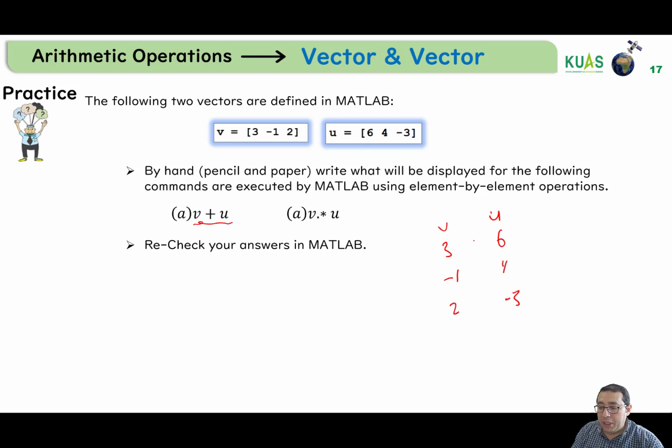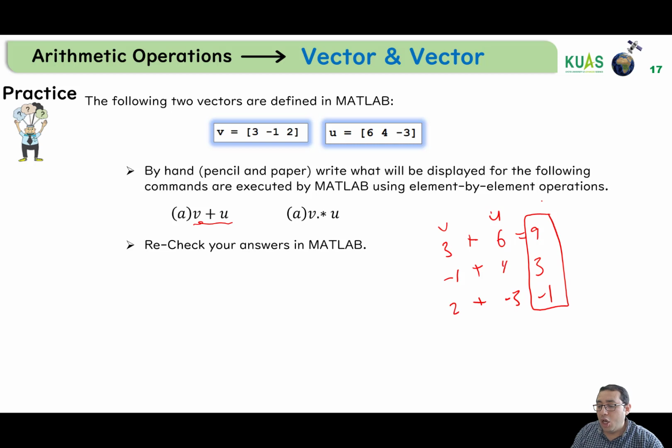v plus u means every element in v plus every element in u, so 3 plus 6, it is 9, minus 1 plus 4 it is 3, and 2 minus 3 it is minus 1. This is the output in the first one. For the second one, it needs us to use the dot multiplication.